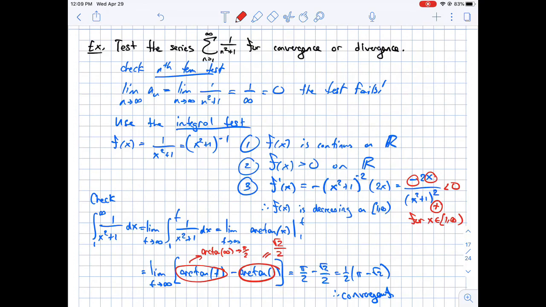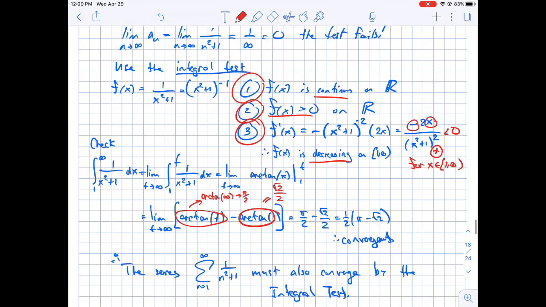Really remember that you have these three restrictions. You have to verify that you have continuity, you have to verify your function is positive, and you have to also show that your function is decreasing on the interval from 1 to infinity. And really, yes, we have those three conditions. I'd say really there's sort of a fourth condition. The fourth condition is that you need to be able to do that antiderivative.